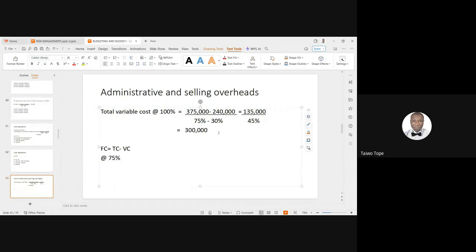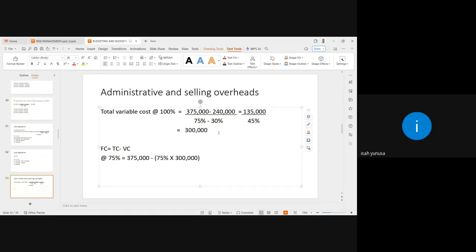At 75%, your total cost in terms of admin overhead will be 375, right? Minus what? 75% of 300,000. Can you plug this into your calculator? What are you going to have?